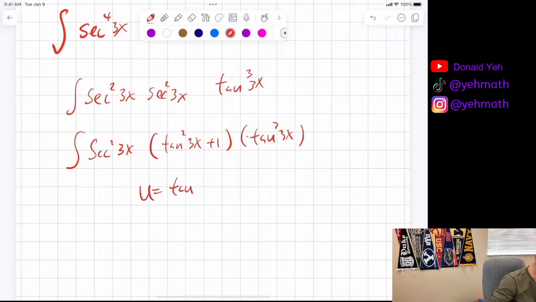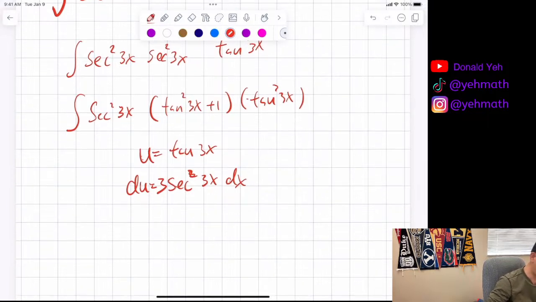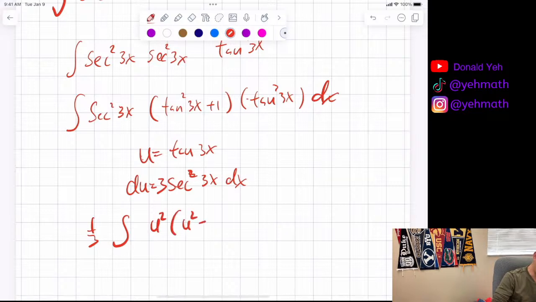So u equals tangent of 3x, du is equal to secant square of 3x times 3 dx. So that is going to cancel out dx, so it's going to be 1/3, and this one is going to be u squared times u squared plus 1 du, I think.